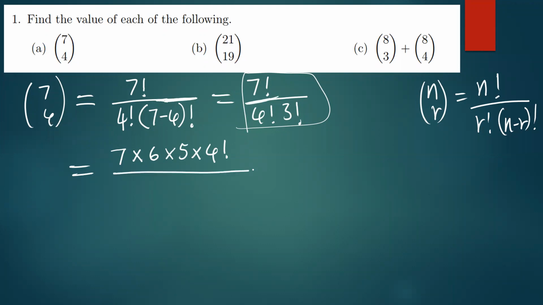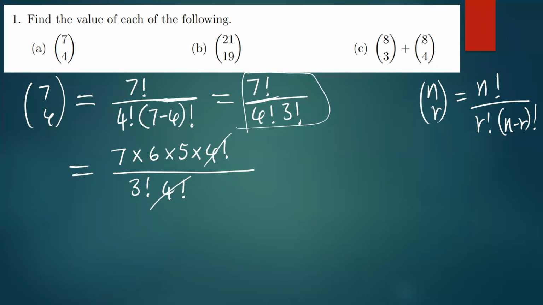And then down here, you're going to have 3 factorial and 4 factorial. So this is what you're going to have. Now, if you look at the numerator there, we have 4 factorial, and we also have 4 factorial down. This is the reason why, when writing 7 factorial, I ended at 4 factorial.